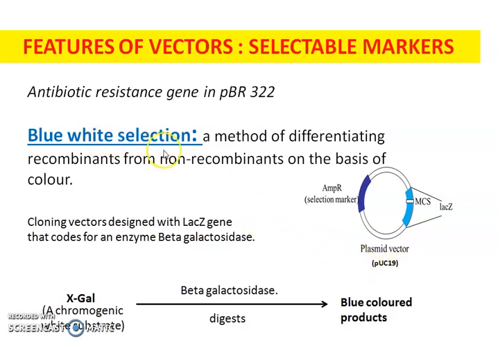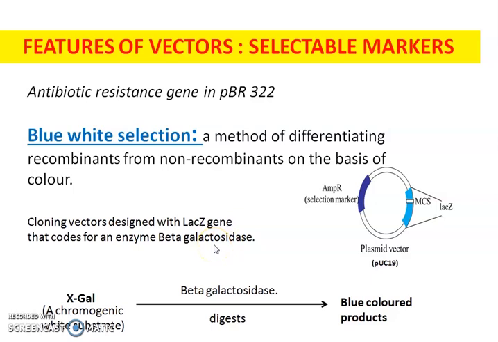Okay, so what is blue-white selection? It is a method of differentiating recombinants from non-recombinants on the basis of color. So cloning vectors designed with this lacZ gene, what is the role of the lacZ gene? It codes for an enzyme called beta-galactosidase.